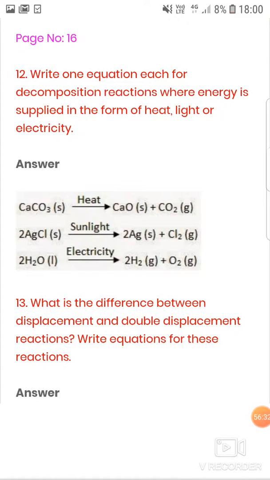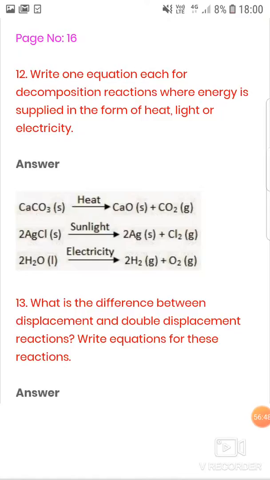Write one equation each for decomposition reaction where energy is supplied in the form of heat, light or electricity. CaCO3 when heated gives CaO and carbon dioxide.